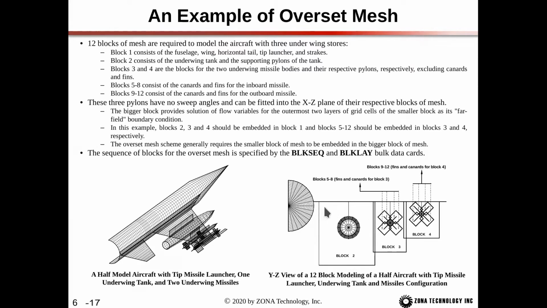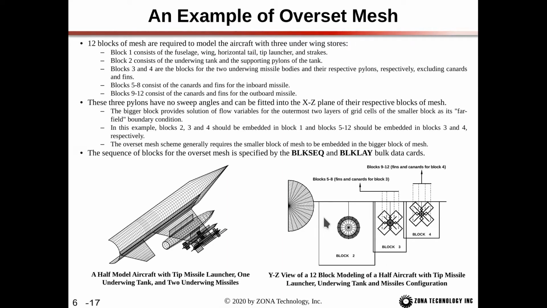So within this region of the main block, these are all receiver cells and the flow solution is not computed. At each Newton subiteration, the solution from block 2 is interpolated back to the main block within these cells, and then that interpolated flow solution of the main block cells is held constant for the next Newton subiteration, so the influence of the store is then seen on the main block.